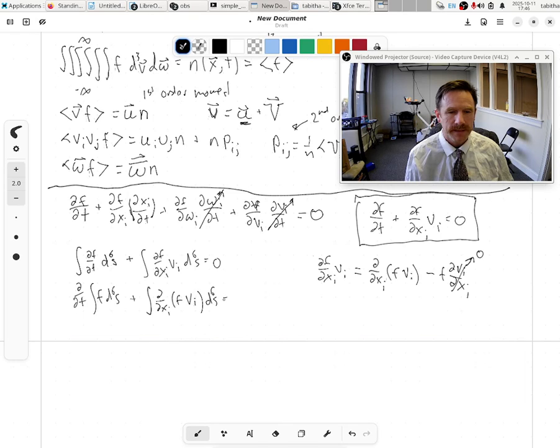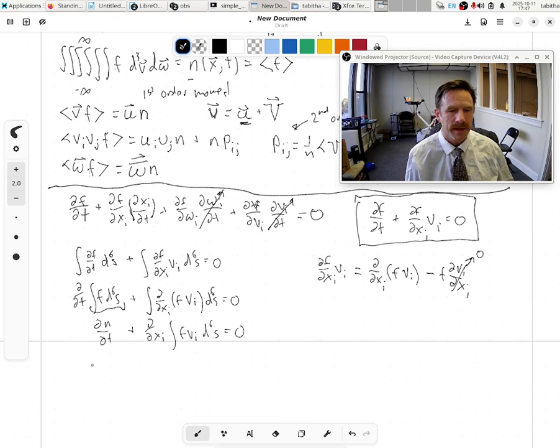d to the 6s. Now this term on the left we see is nothing other than the density that we described up here. So this is dn dt. And again, switching up the order of the operators here, we have d by dxi, the integral of f vi d to the 6s.